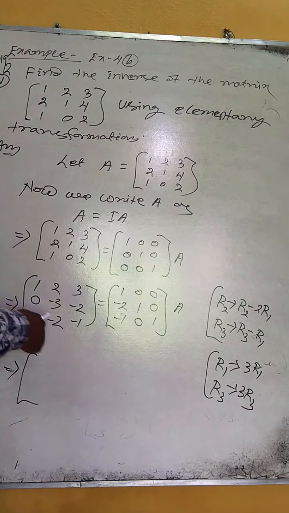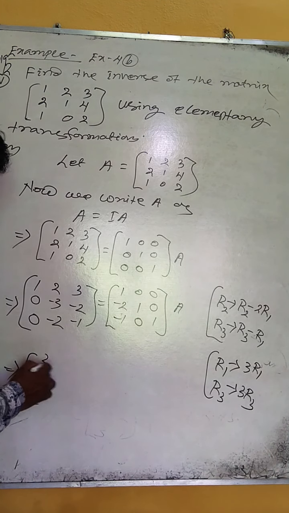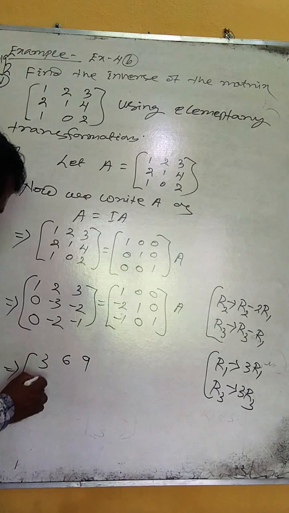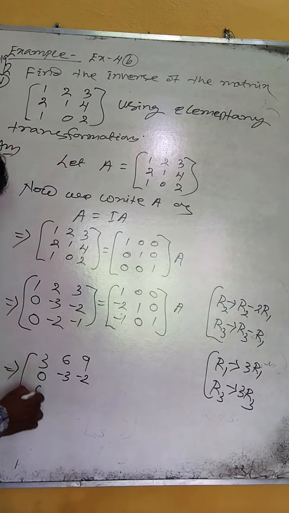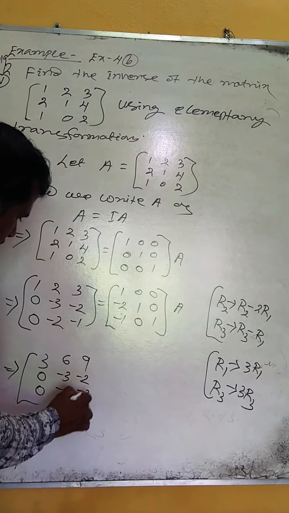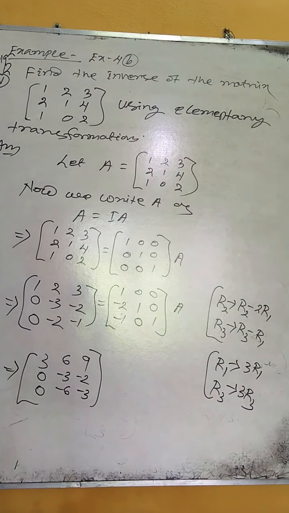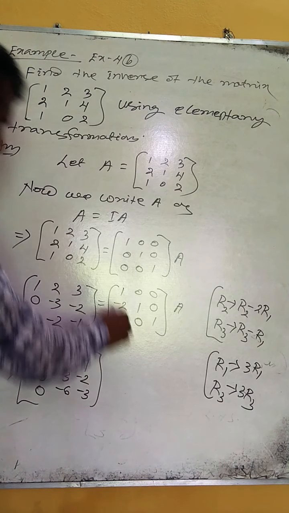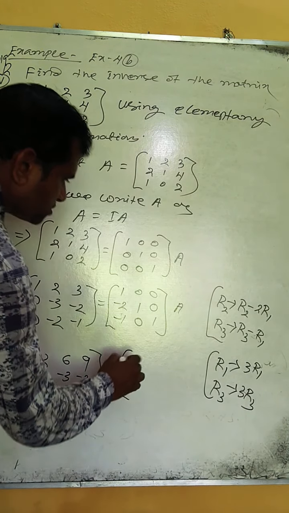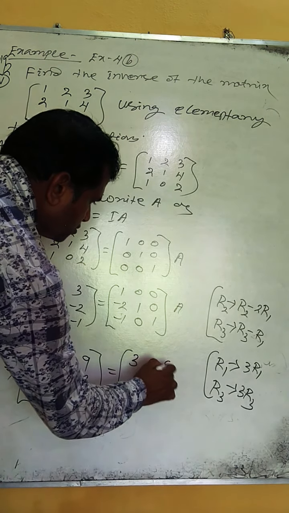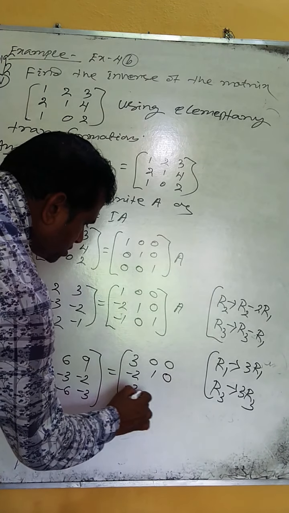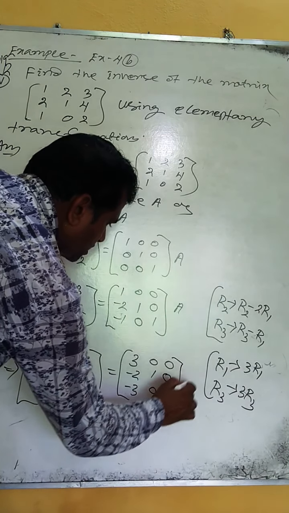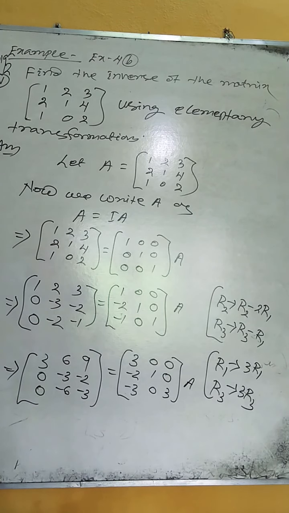So the matrix becomes 3 6 9, 0 minus 3 minus 2, 0 minus 6 minus 3. Similarly, the unit matrix becomes 3 0 0, minus 2 1 0, minus 3 0 3. That is equal to A.